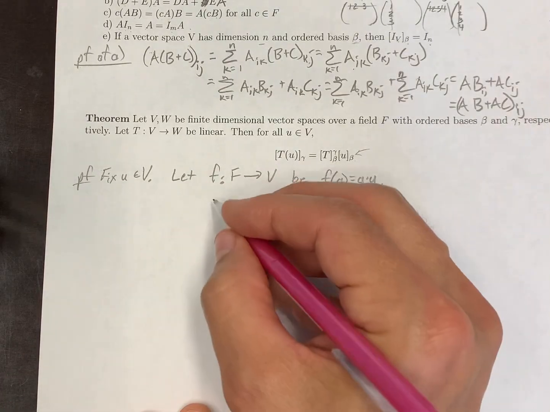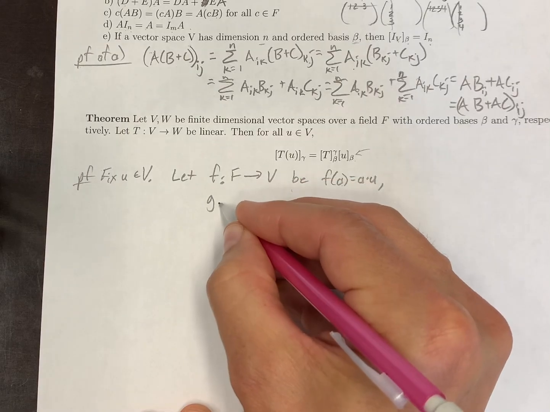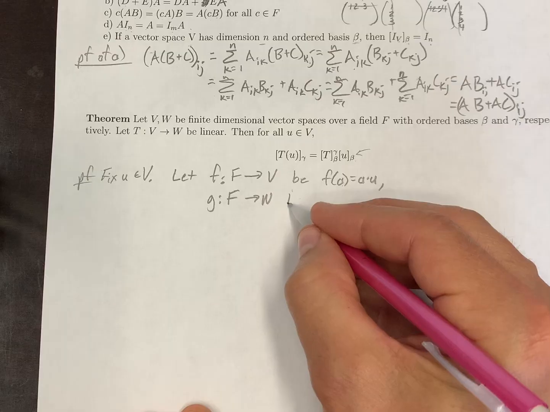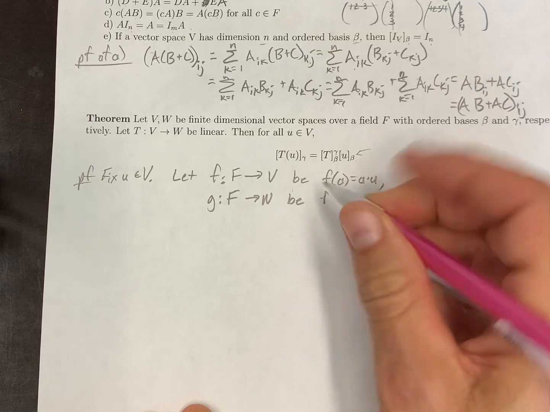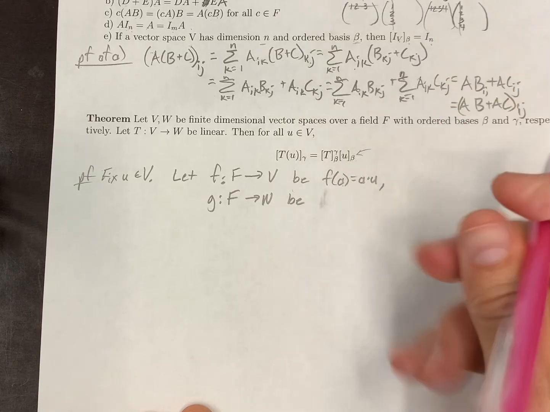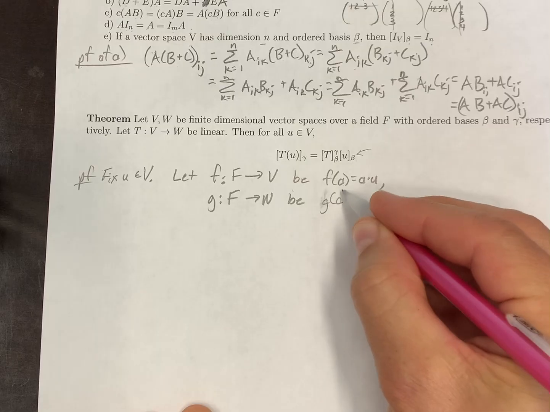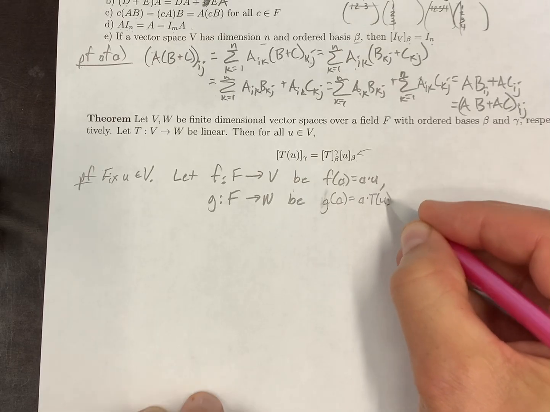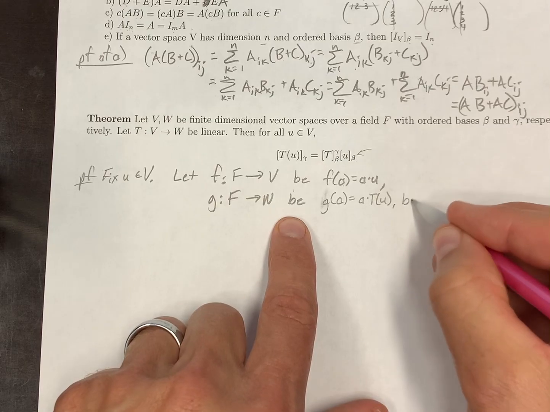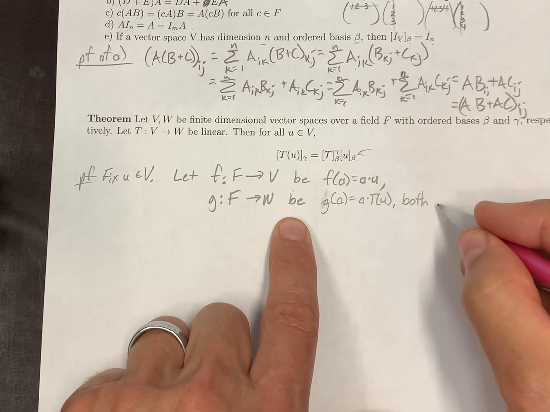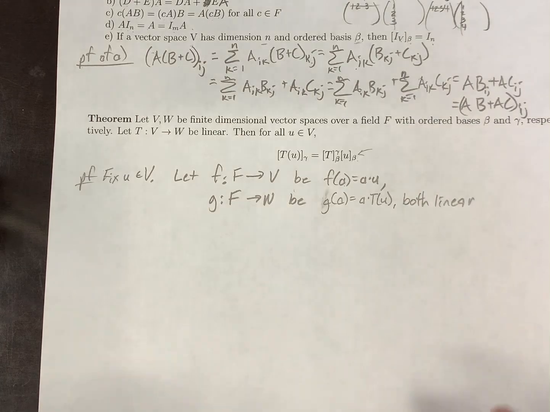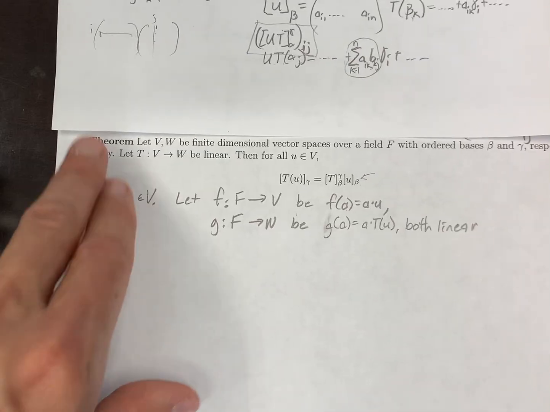And then I'm going to define g from F to W by g of a equals a times T of u. Again, it's linear. Same rationale. Now, what I'm going to do is I'm going to start leaning on this theorem we talked about in the last video.